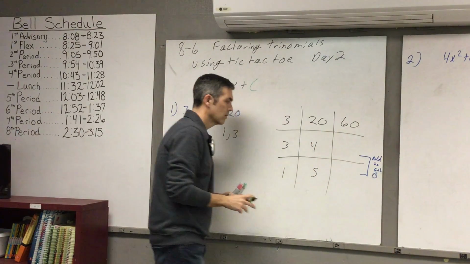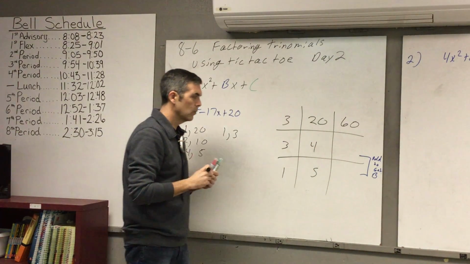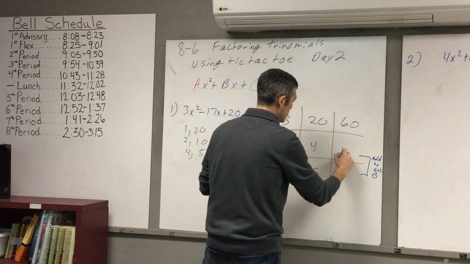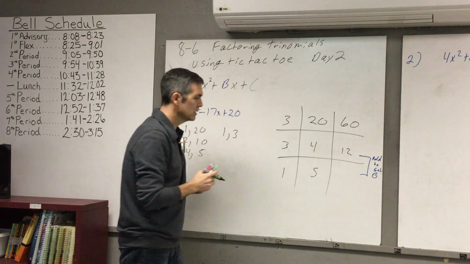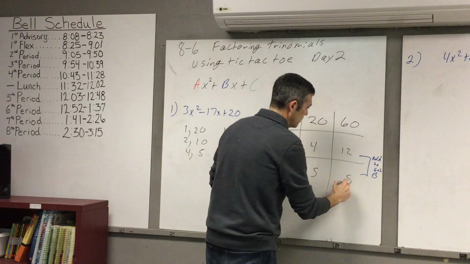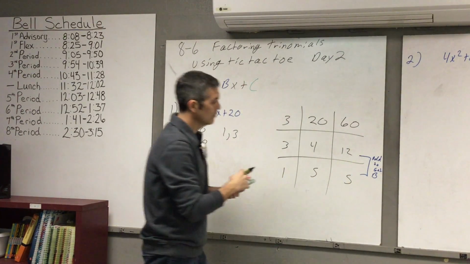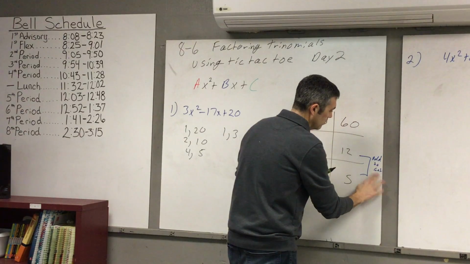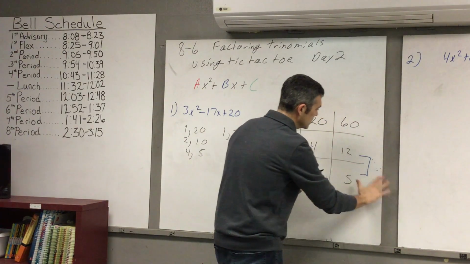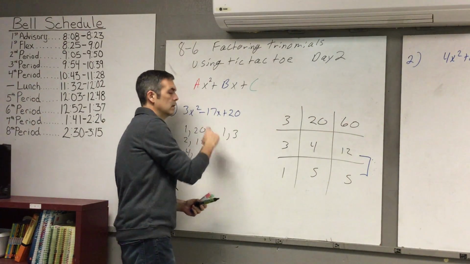4 and 5. Well, 3 times 4 will get us 12. 1 times 5 will get us 5. Oh, and wait, we need to have our B over here. We need to be able to add to get our B, which is negative 17.